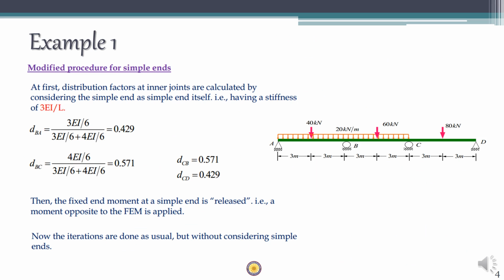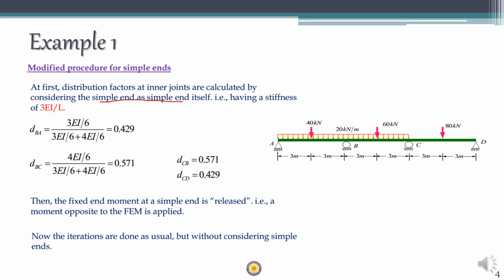The same problem which was dealt with earlier could have been done with a modified procedure for simply supported ends. What we do is, instead of considering all the joints as fixed, we consider the inner joints as fixed and leave the simple end as simply supported itself.